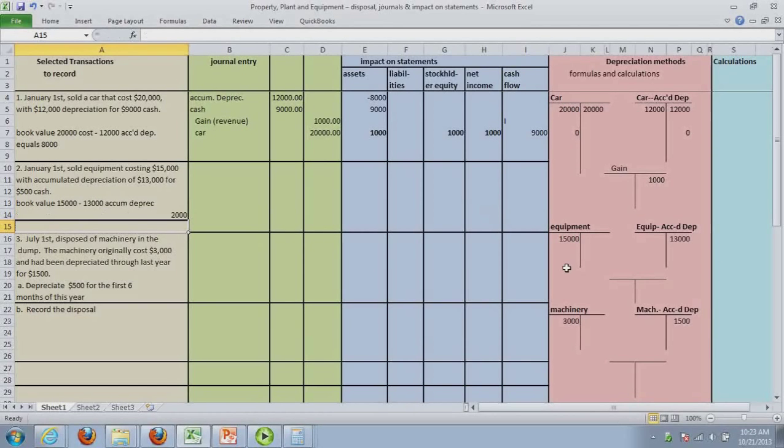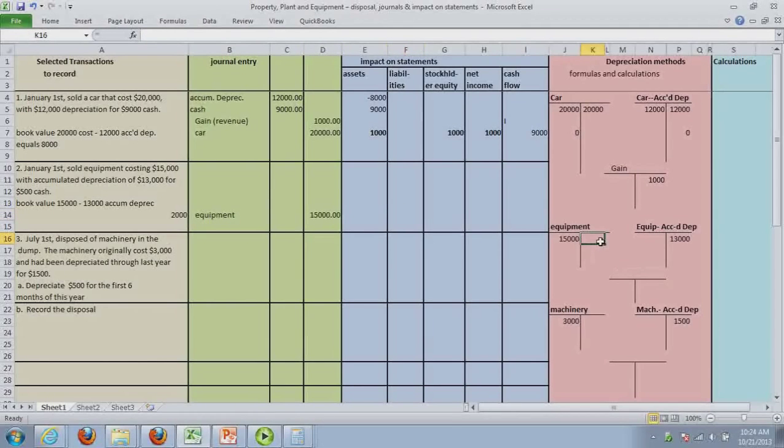But once again, when you make the sale, often this is a commonly missed entry on the final exam. It is a compound entry, and you have to remember you don't just use the book value in your journal entry. You've got to get rid of historical costs. Got to get rid of depreciation to date. So once again, I'm going to start with my credits, which is what I don't normally do. But equipment has got to come off the books for $15,000.